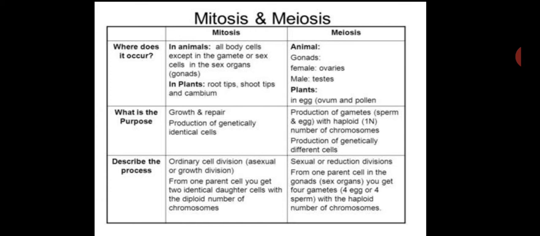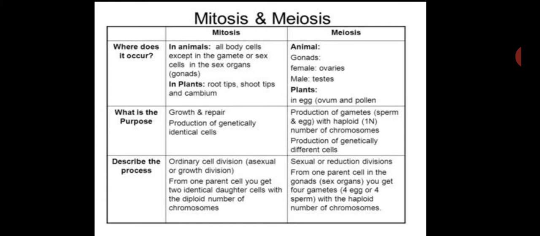So repair of body parts, wound healing, and production of genetically identical cells is the main purpose of mitosis: growth and repair. Whereas meiosis is for the production of gametes, right?